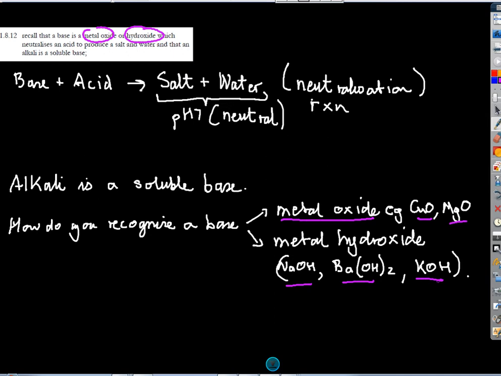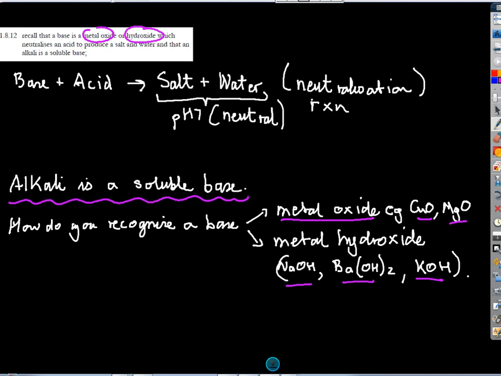The difference between a base and an alkali then very simply is that an alkali is just a soluble base, and you would have to go to your solubility tables on the reverse of your periodic table, and that would allow you to work out whether something is a soluble base and therefore an alkali, or is it insoluble and it's just simply referred to as a base.